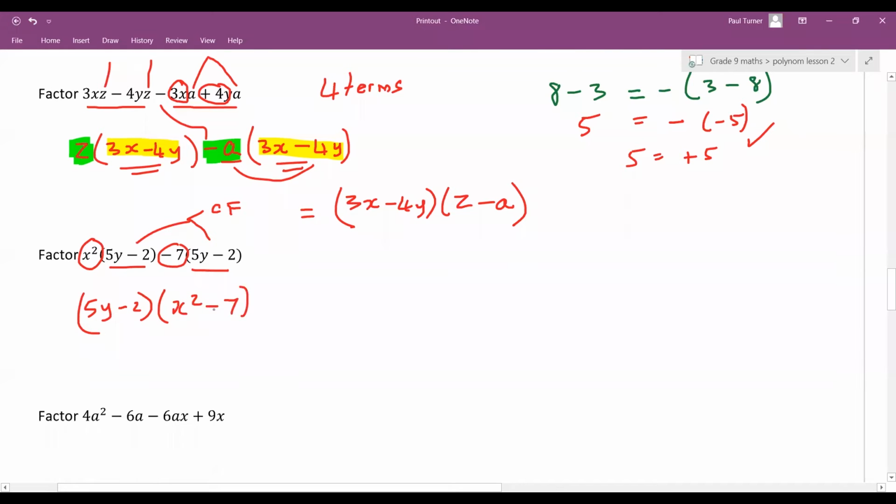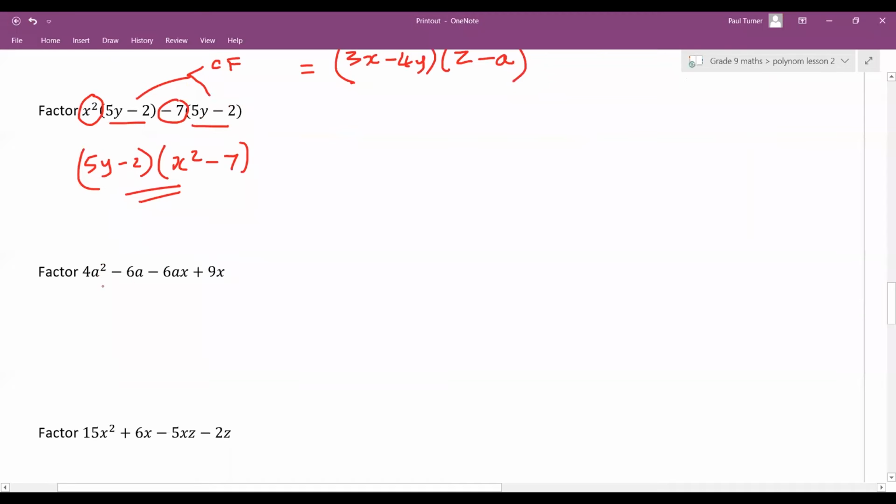This can actually be factorized more, but for today, we just leave it alone. So this is finished. Okay, we can factorize that with difference of squares, but I'll show you later. This is your final answer. Okay, 2 factors.